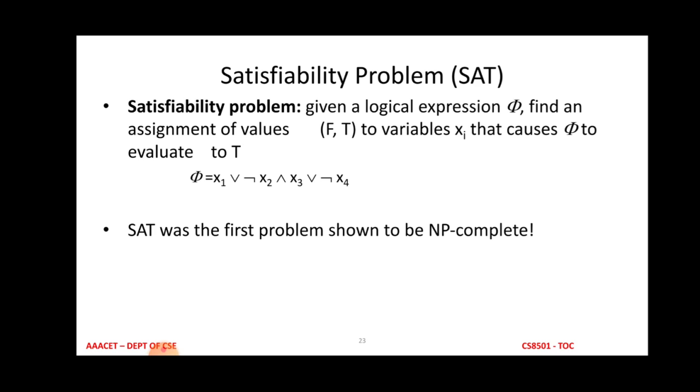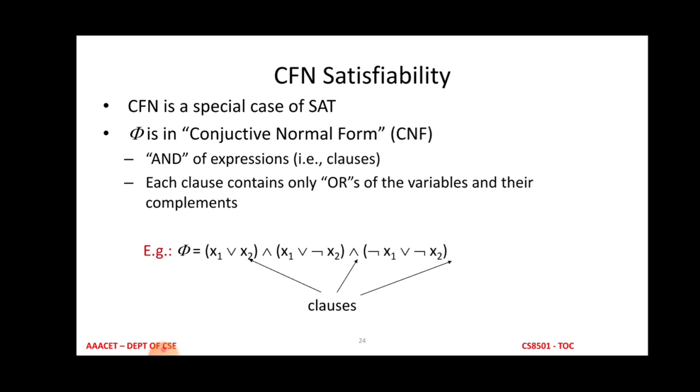So already we saw the satisfiability problem. Here there are 4 clauses: x1, not x2, x3, not x4. So the CNF satisfiability problem, conjunctive normal form, can be written as an AND of expressions. Each clause contains only ORs of the variables and their complements.